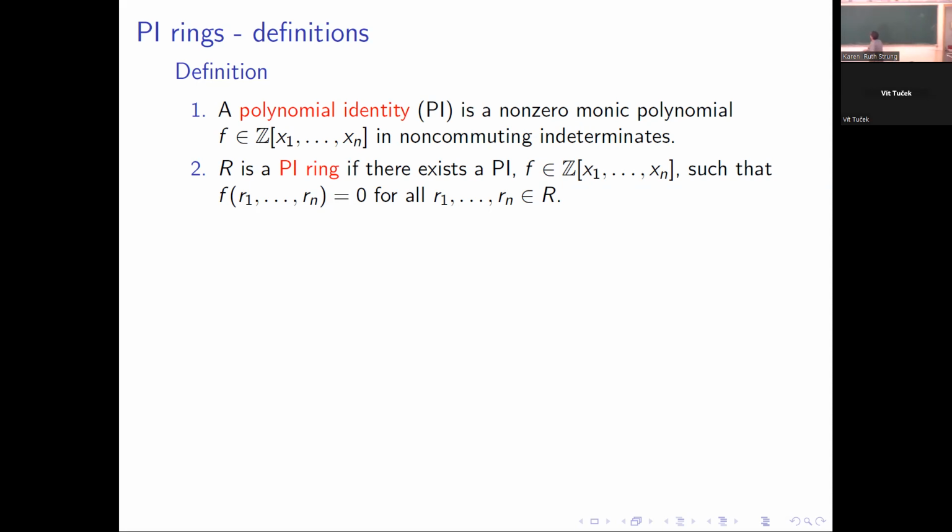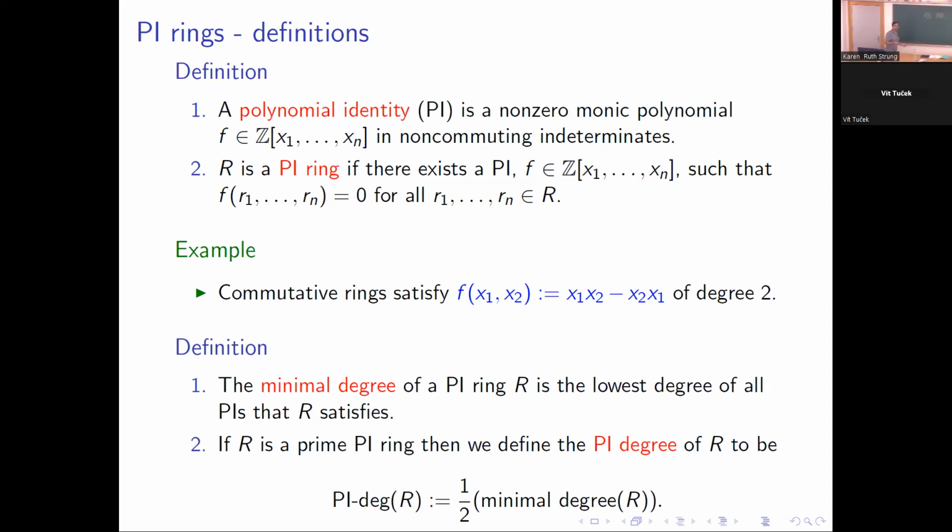Okay. Right. If you think about that, it looks like a strong ask, but actually any commutative ring satisfies this monic identity. So this was a way to try to generalize commutative rings. And of course, the degree of this identity is 2. One thing you are interested in, in the case you have a PI ring, is its minimal degree, that is the lowest degree of an identity that your ring satisfies.